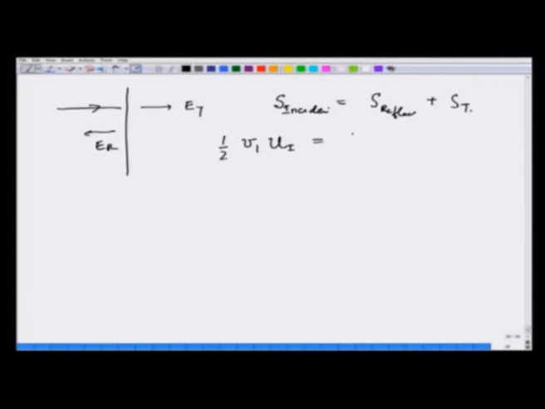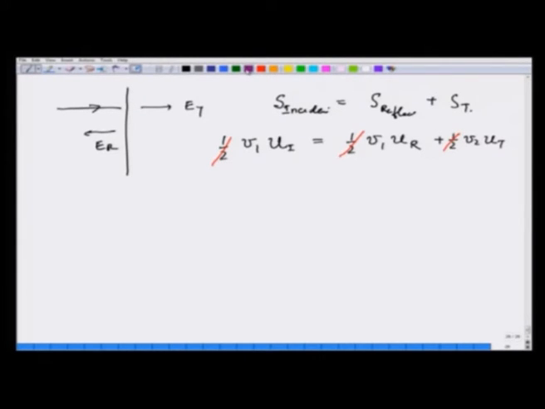This should be equal to 1/2 V 1 U reflected plus 1/2 V 2 U transmitted, which is indeed what the energy flow is. This half cancels.